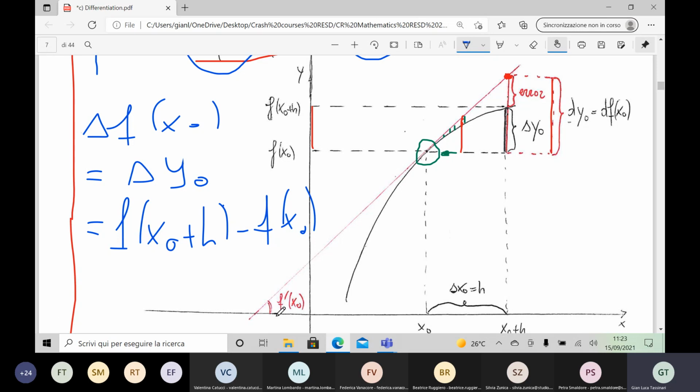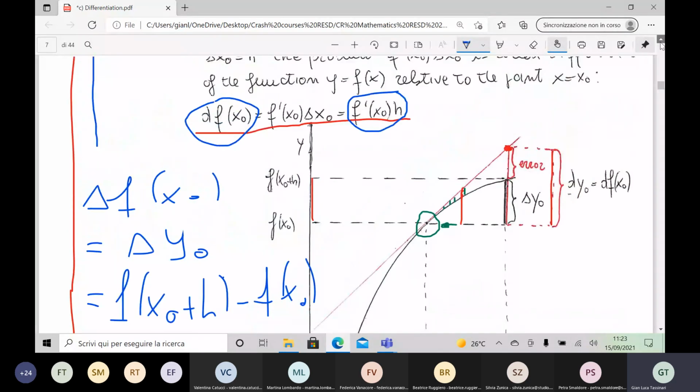Oh, sorry. So, I was saying, the derivative evaluated at x0 is also called the instantaneous growth rate. Now, look, which is the meaning of differential? Well, the differential is defined as f prime of x0 times h.